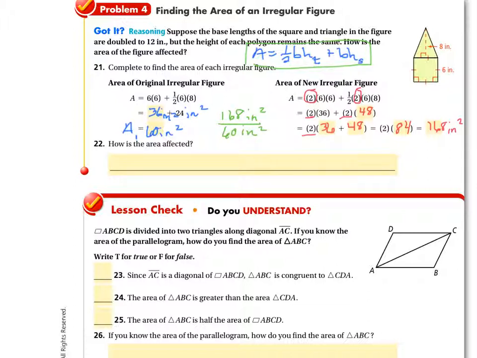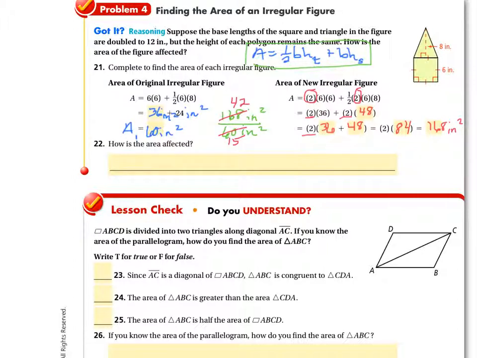What goes into both of those? 2, which leaves us with 30, which means another 2 could go into 60, right? Does 4 happen to go into 168? Yeah, so let's start with 4. So 4 goes into 60 15 times. 4 goes into 168 42 times.